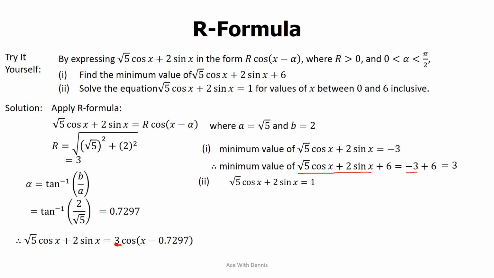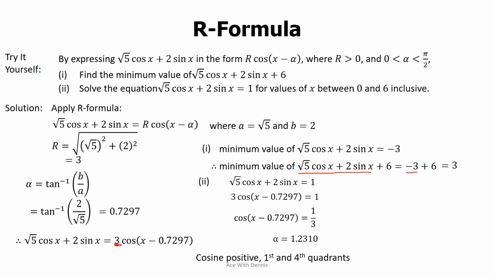And now we can solve the equation root 5 cosine x plus 2 sine x equals 1, which is 3 cosine bracket x minus 0.7297 equals 1. Make cosine the subject, and we find that cosine is positive. Now we can solve it. The basic angle is 1.2310 radian. So cosine is positive, it is in the first and the fourth quadrants.